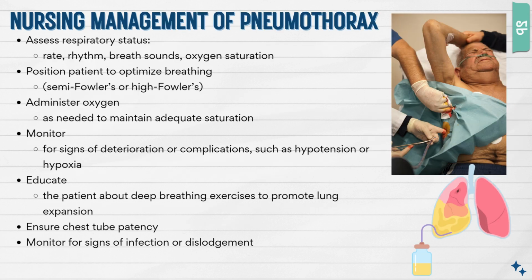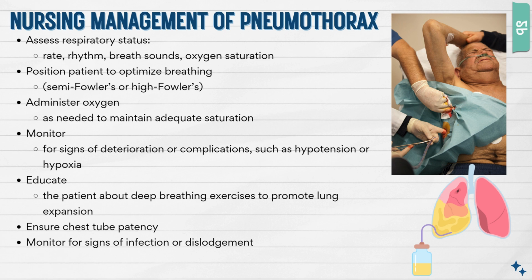So what is the management of a pneumothorax? Nursing care for a patient with a pneumothorax involves frequent and detailed respiratory assessments. We're talking frequent. They're not going to go to a med-surg unit where you see them every 4 hours. They need to be in the ICU, okay? Maybe if it's small and non-traumatic, they can go to an IMU, but they're going to go to a more monitored floor, okay?